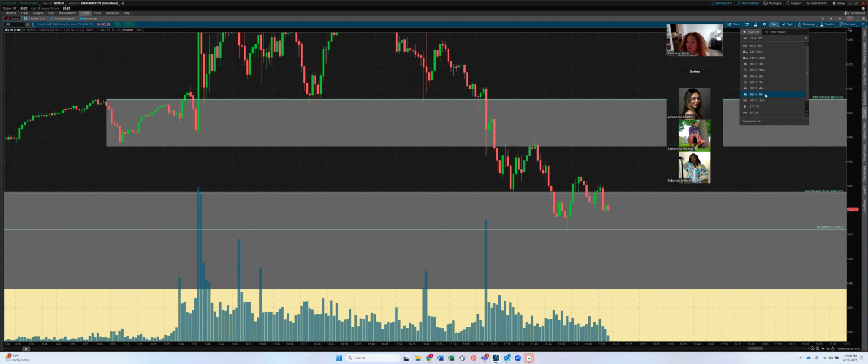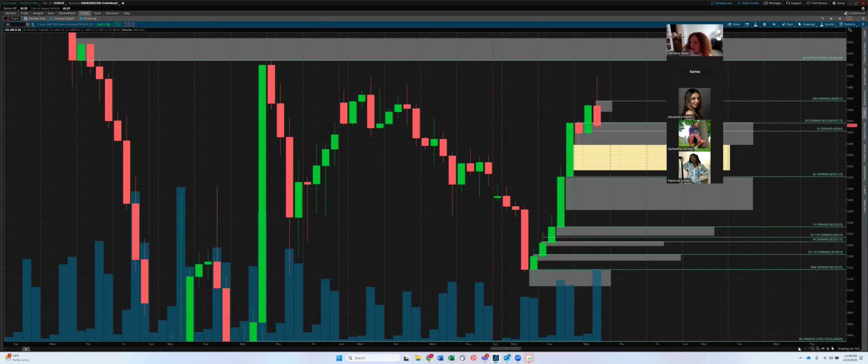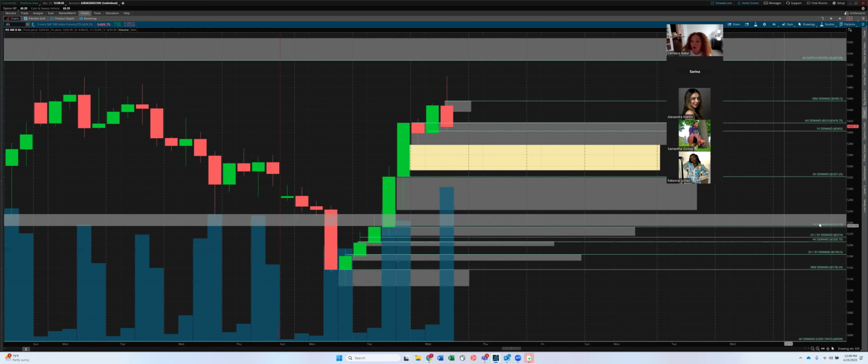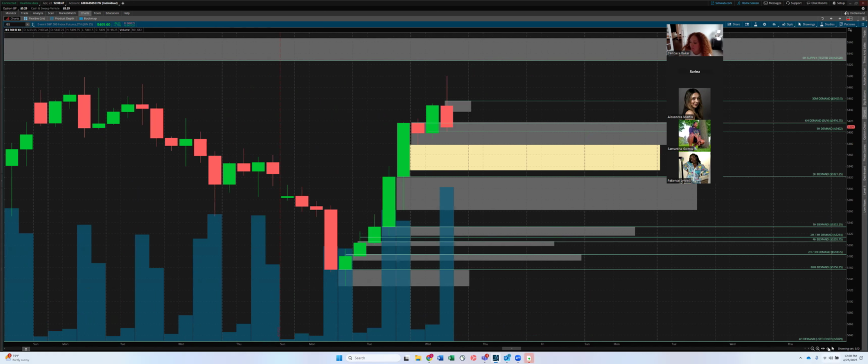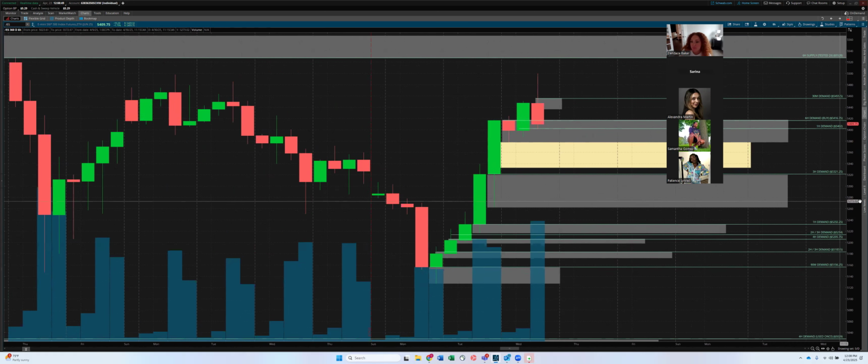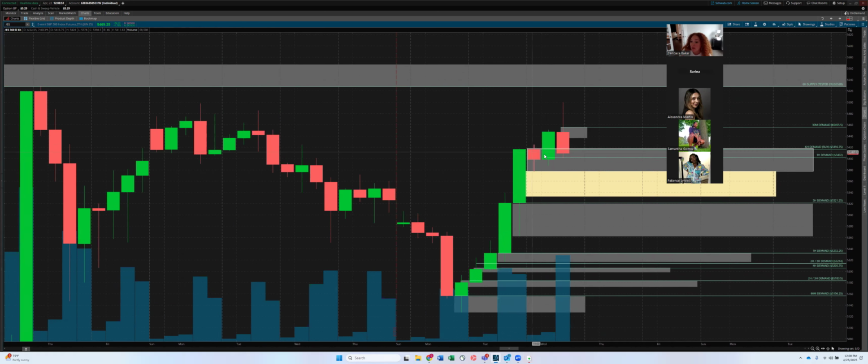I'm sorry, you guys, this looks hideous. But on the 6 hour, this candle hadn't come here yet, so we had this nice demand zone right here. And inside of that demand zone was a 1 hour. So I just look all over the place, because there were no 4 hours, there were no 2 hours.